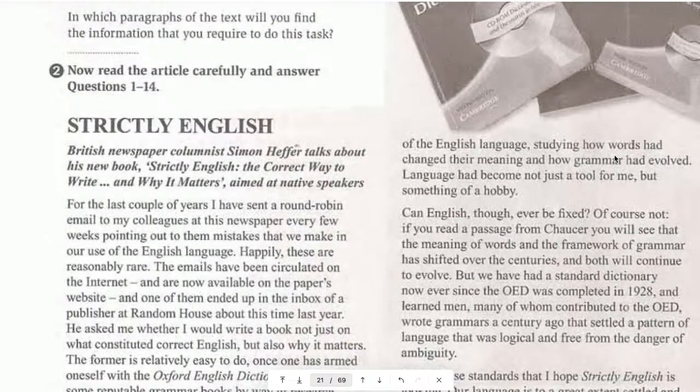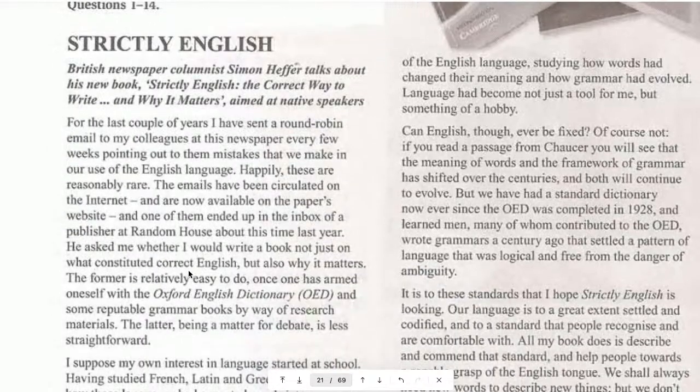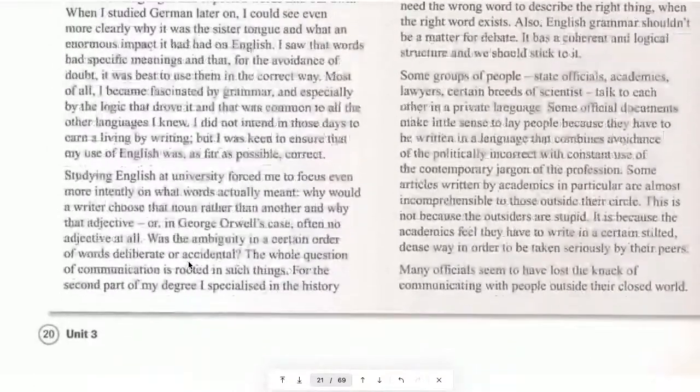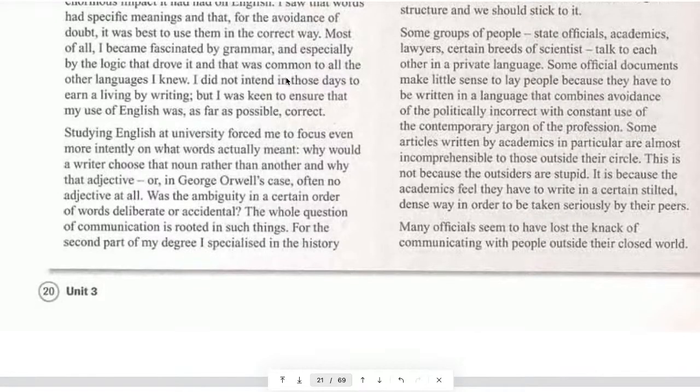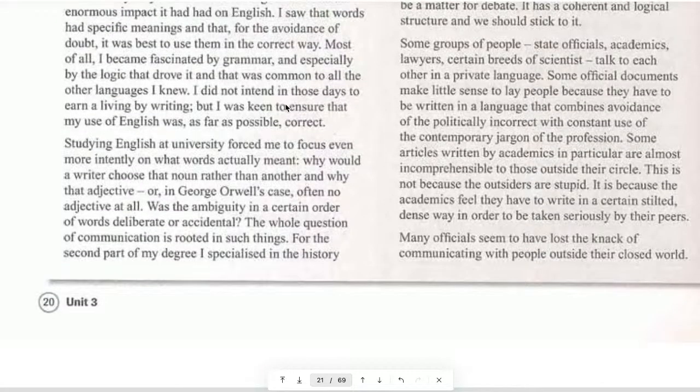Studying how words had changed their meaning and how grammar had evolved. Language had become not just a tool for me, but something of a hobby. No. Where is it? Actually you read that one already, but you couldn't explain it.